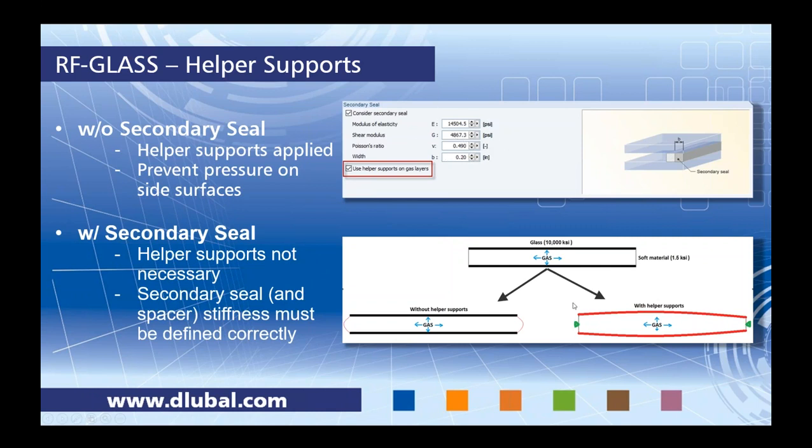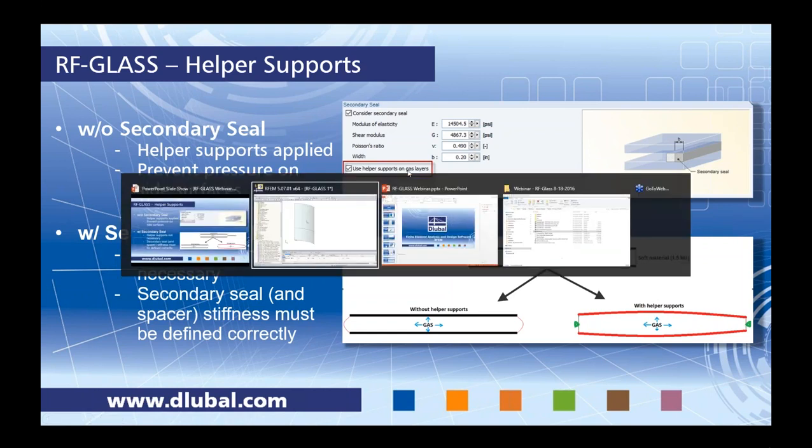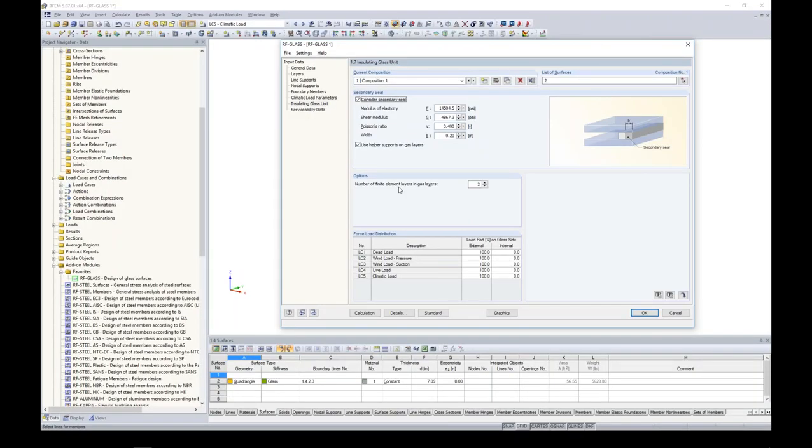And then you should get the desired correct behavior considering the stiffness of this secondary seal. If you're unsure, then you can always leave this helper supports checked as well. So that's just a little bit more on what this option is. For us, we will leave this unchecked for now, therefore the helper supports will be used in the background.